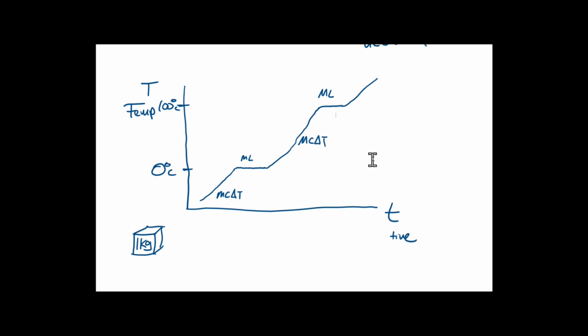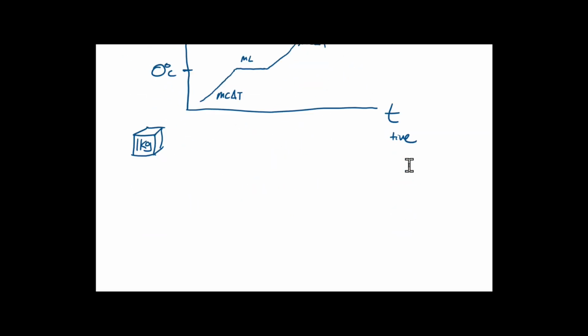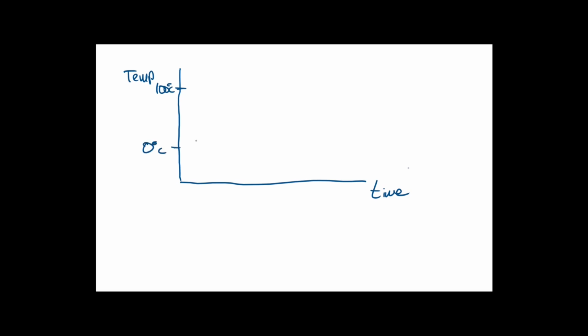All right, now if we have steam and we want to turn it into ice, the opposite is going to happen, and it's going to take exactly the same amount of energy, except now we're not going to be putting the energy into the water. We're going to be taking it out of the water. So here we have 100 degrees Celsius, and here we have 0 degrees Celsius.